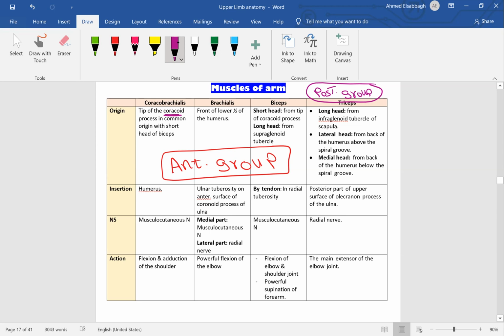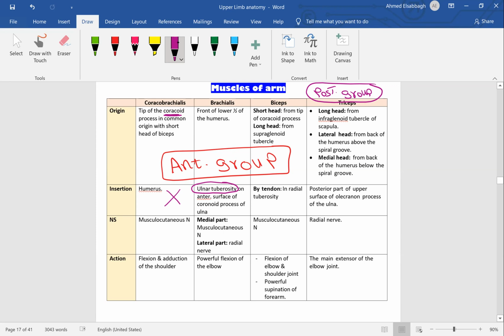The insertion is not important. Brachialis originates from the front of the lower half of the humerus, not important. It is inserted into the ulnar tuberosity of the ulna, which is present over the coronoid process of the ulna.